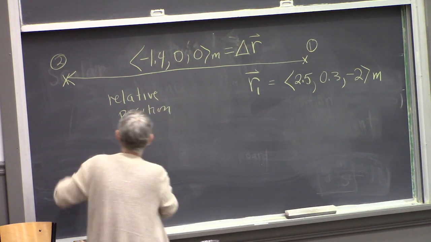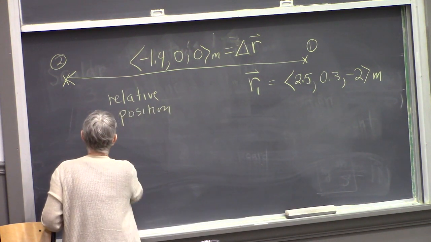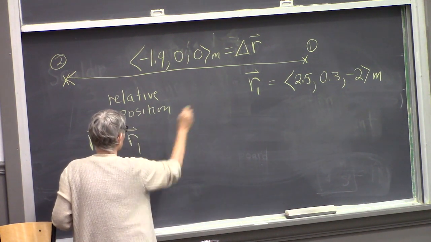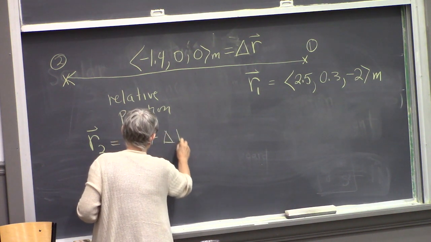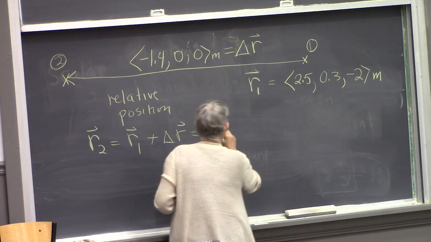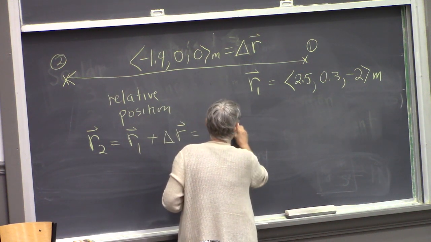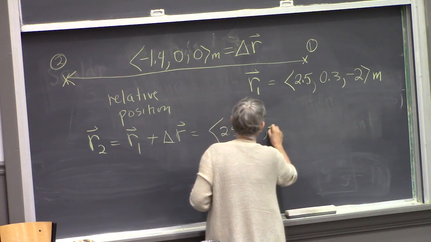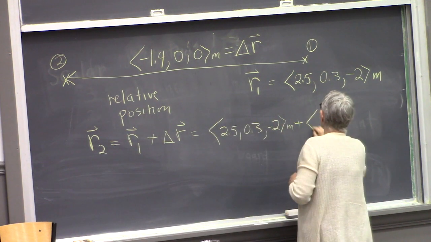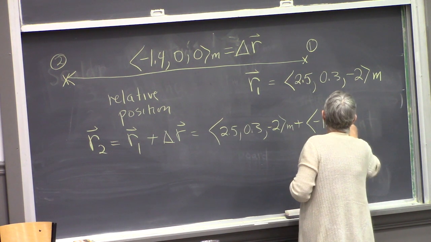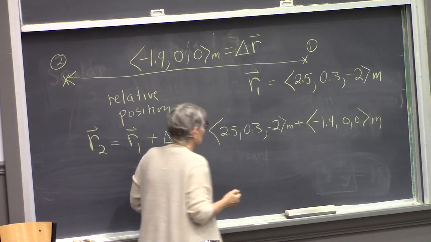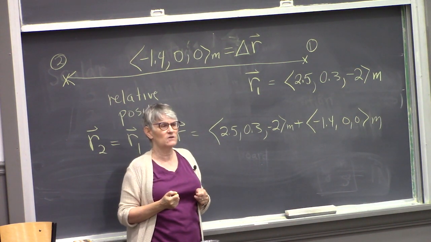And so the vector r2 is going to be the vector r1 plus this relative position vector delta r. So that's going to equal 2.5, 0.3, minus 2 meters plus negative 1.4, 0, 0 meters. And to add vectors, what do you think you do to add vectors?